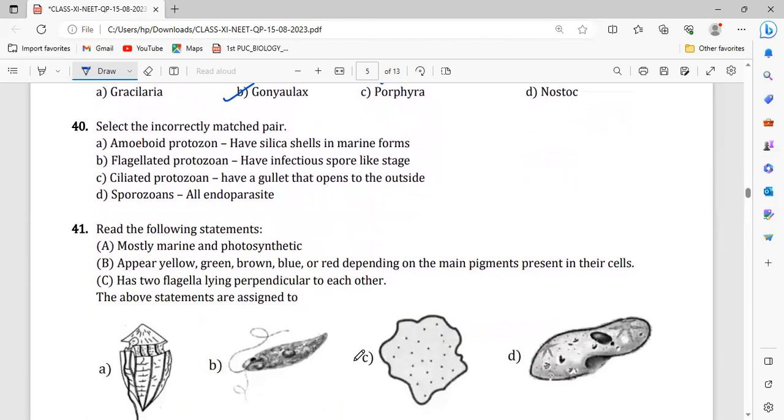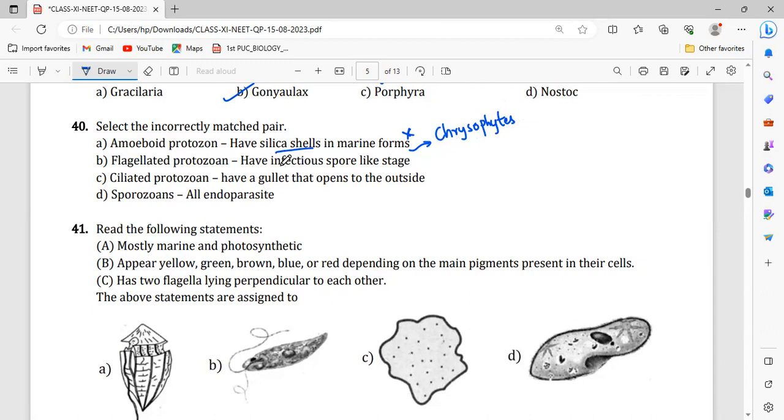Then 40. Select the incorrectly matched pair. One by one, amoeboid protozoa, they have silica shells in marine forms. Amoeboid protozoans do not have silica shells; the ones which have silica shells are chrysophytes. Flagellated protozoa, for example Trypanosoma, are infectious.